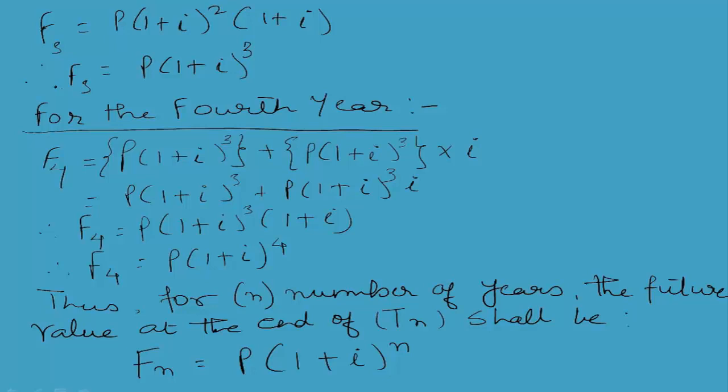Therefore F3, the final future amount at the end of the third year, shall be P(1+I) cube, or P(1+I) raised to the power 3.